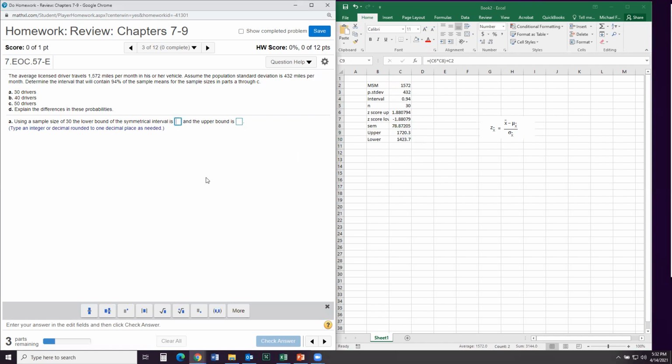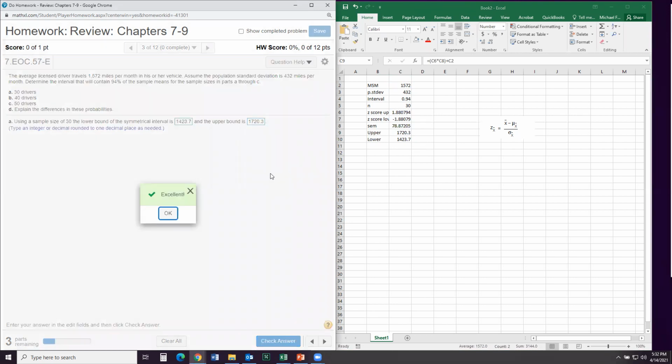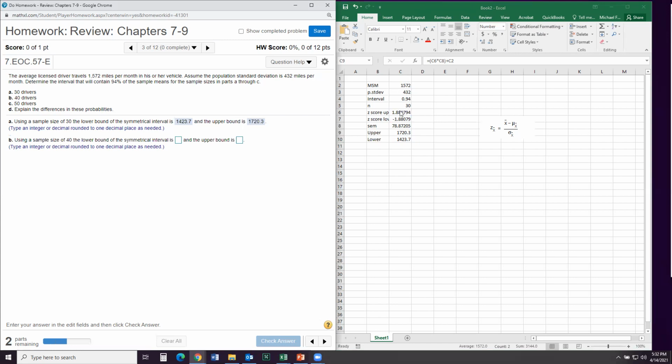So hopefully this works. 1423.7 and 1720.3. There we go. So now when we want to do it for 40 drivers, all we have to do is update n. And you'll see that as n goes up, our interval narrows a little bit. For 50.